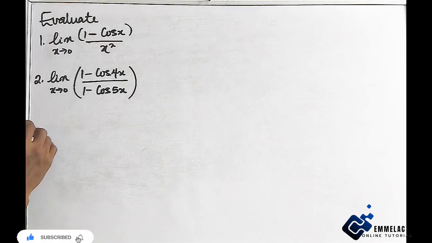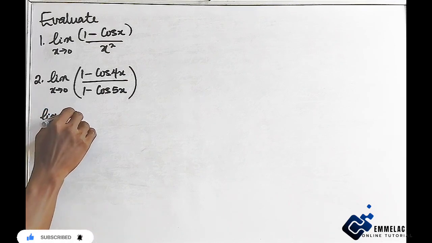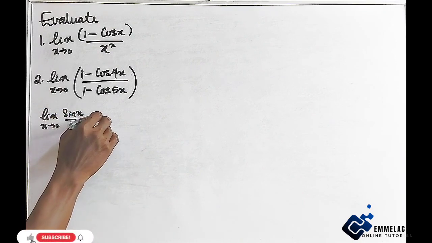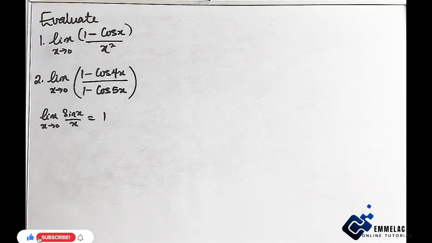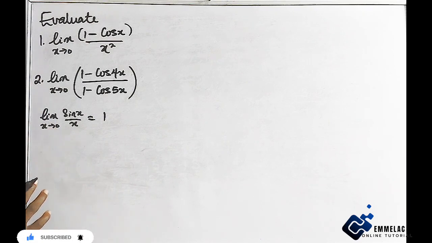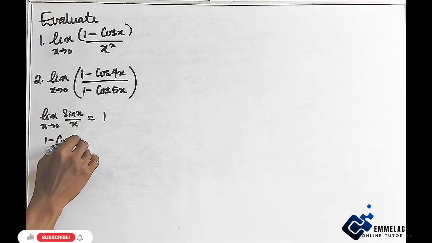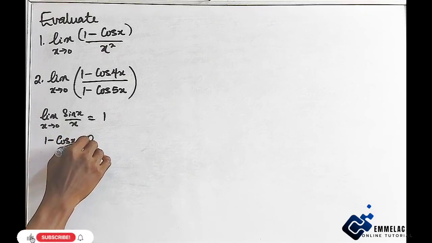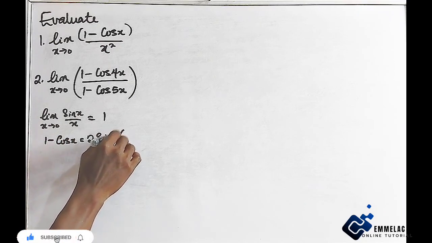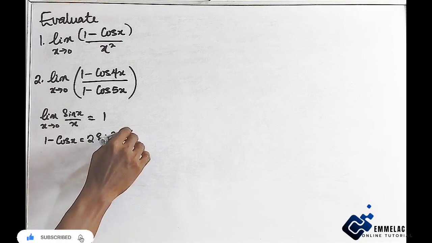Now some are like this, that the limit of sine x all over x as x tends to 0 equals 1. Okay, and in trigonometric identity rule, where we have 1 minus cos x, this should give us 2 sine square of x over 2.